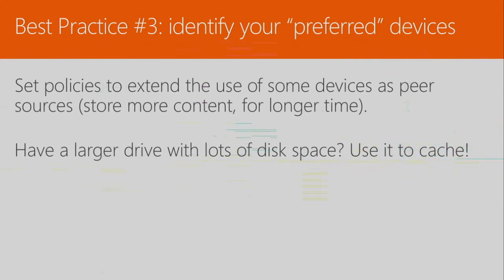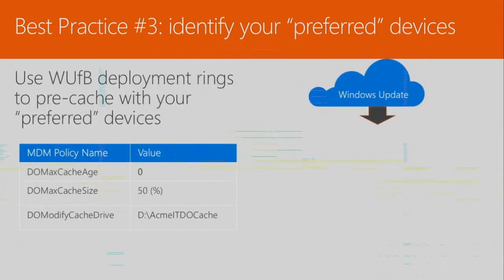We have a specific policy under extending the cache age. If you set the value to 0, and if you click to the next one, these would be the recommended settings for those preferred machines. All you're doing is extending the probability for these devices to be used as peer sources.